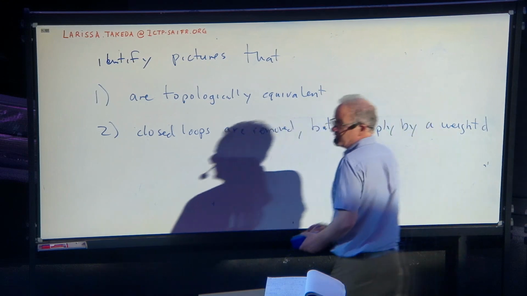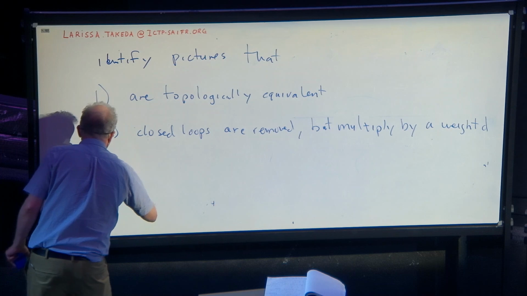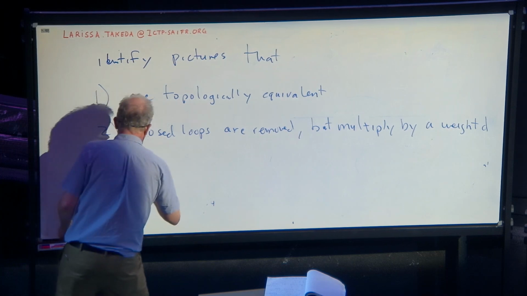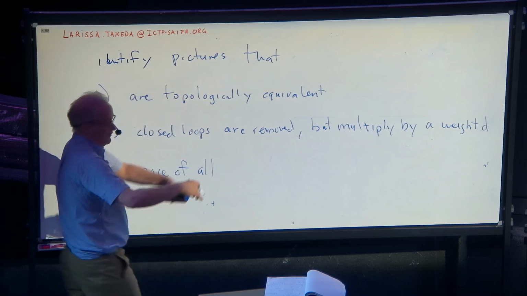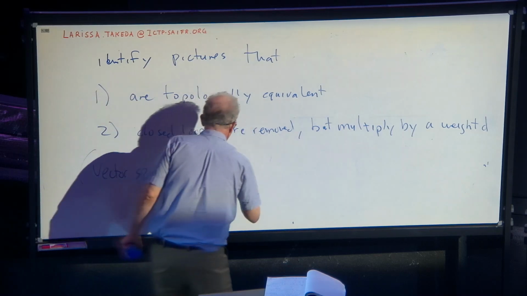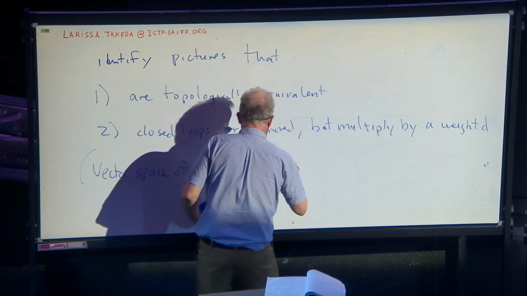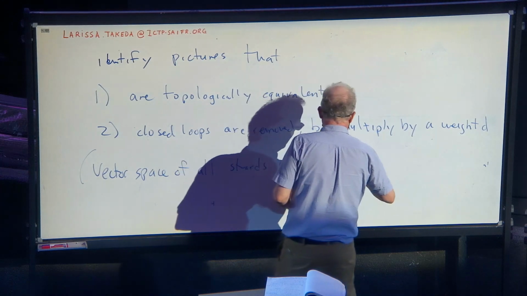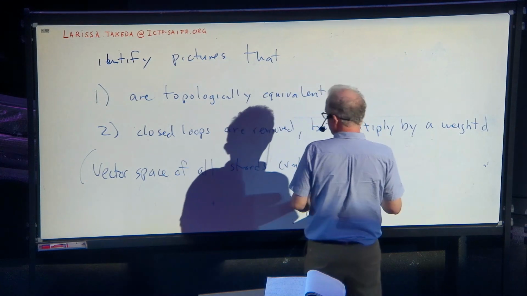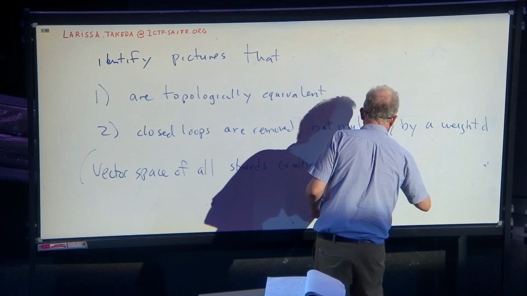So to be precise mathematically, I'm considering the vector space of all possible strands combined with the E equals that.